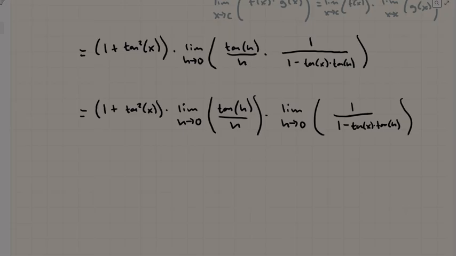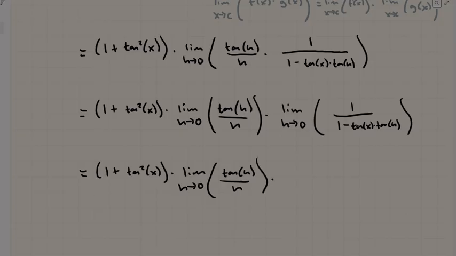Remember that the slope of a line at 0 is equal to 0. Tangent of 0 is 0. And so this denominator will actually just simplify to 1. And we could actually evaluate this limit. Maybe let's just go ahead and do that. And then we'll only have one limit to deal with. So this is 1 plus tangent squared of x times the limit as h approaches 0 of tangent of h over h times.